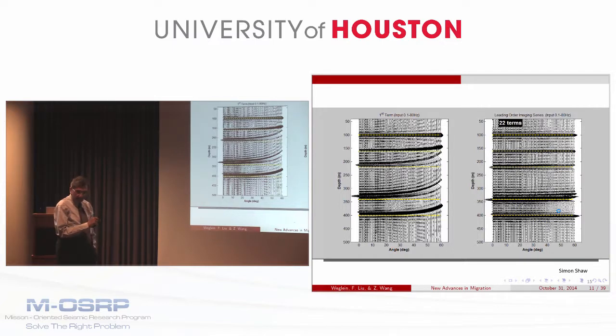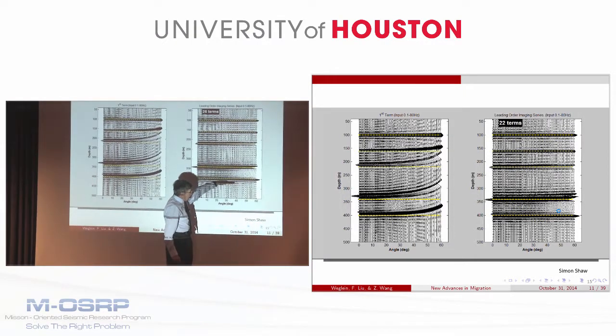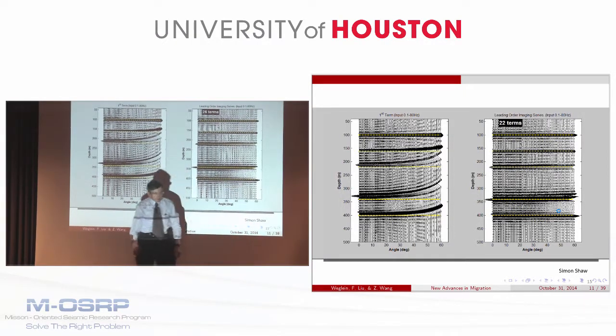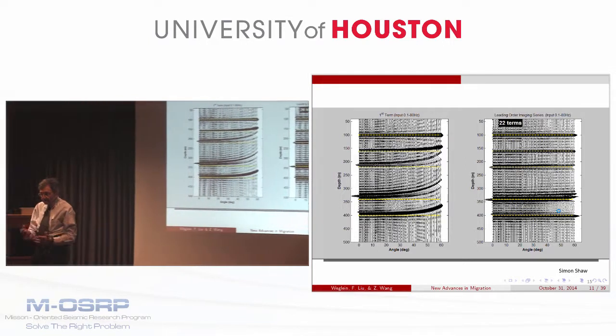The common image gather being flat is a necessary and sufficient condition that a direct inverse method has achieved its goal. So this one gets flat, and this one still has a move out, more terms. As soon as this is flat, it will take no more terms in. In other words, it stops further terms from entering.